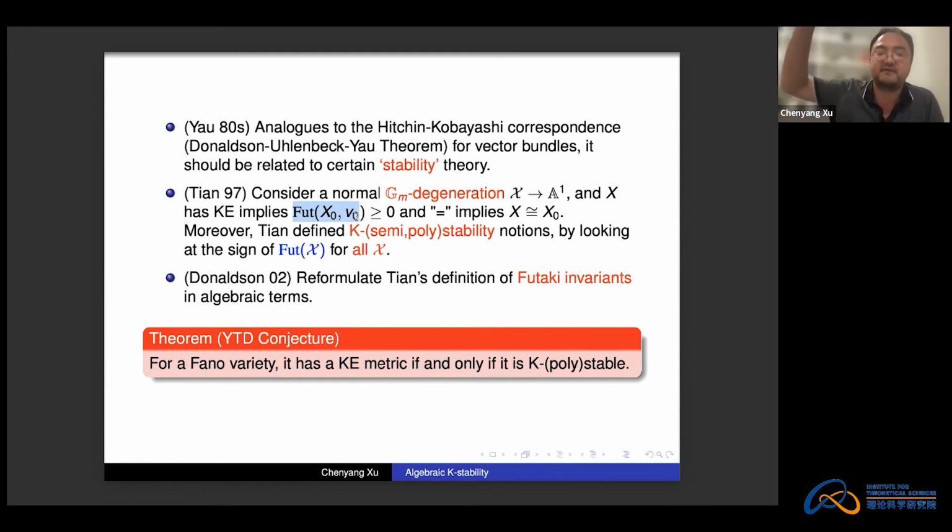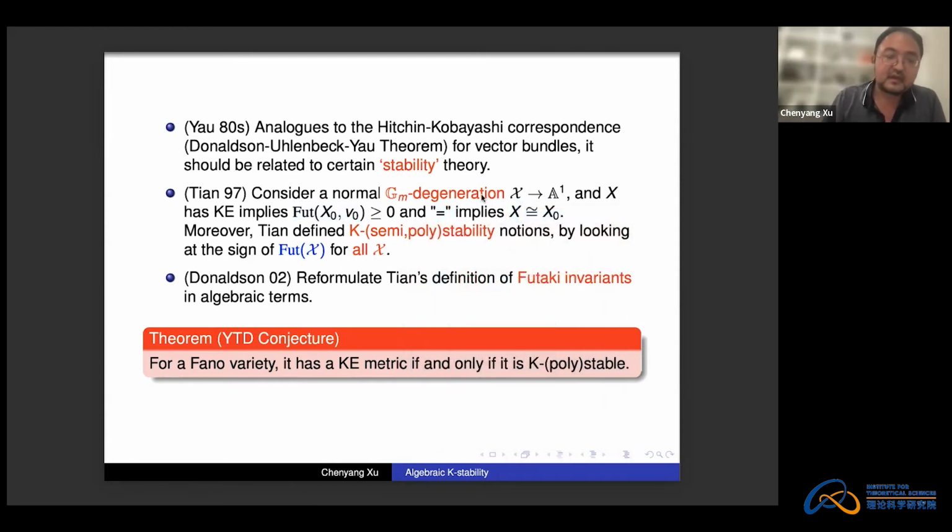Under this setting, we can define the Futaki invariant. Tian said that if you have a Kähler-Einstein metric, the Futaki invariant is always non-negative for any such G_m-equivariant family where X is the general fiber, and equality holds if and only if X is equal to X_0.